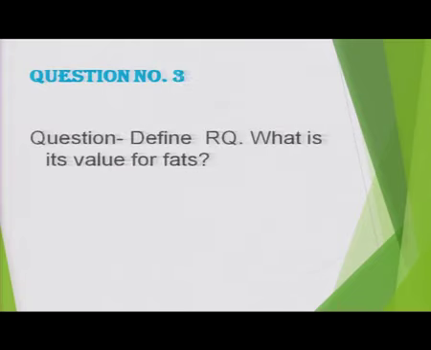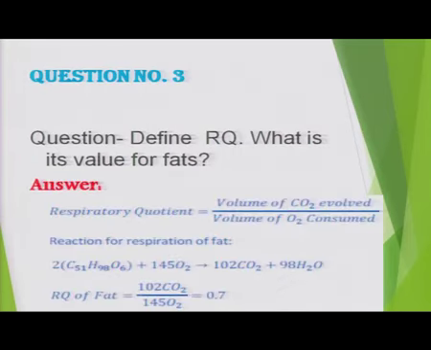Now, my third question is: what do you mean by RQ and what is its value for fat? RQ, as we have already discussed, is the respiratory quotient and it is defined as the volume of CO2 evolved divided by the volume of O2 consumed.